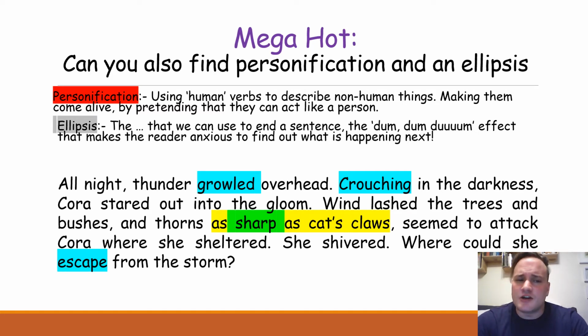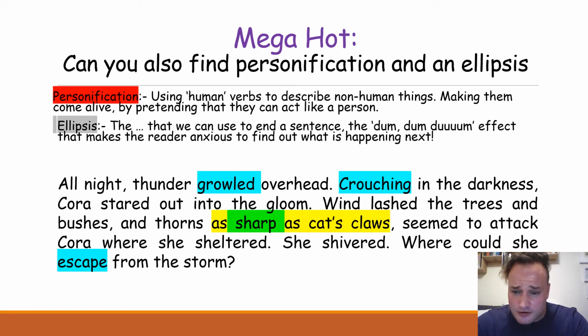And can you find personification, where human verbs have been used to describe non-human things, where the background, the setting has come alive, where I pretended that a thing was a person and used human words to describe it. Also an ellipsis. An ellipsis we think of as the dum dum dum punctuation effect, which is really useful when we're doing suspense writing because it makes the reader wonder what on earth could happen next.